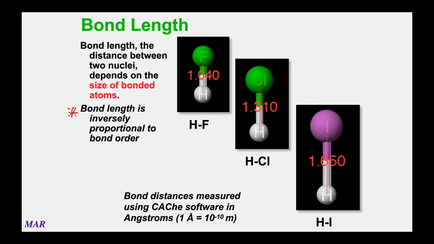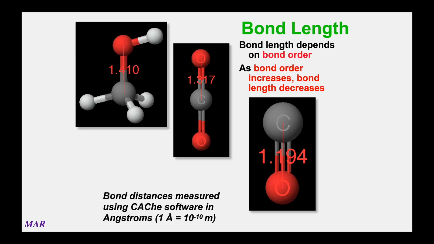So F is the smallest bond length. Chlorine's in between, 1.310. Oh, and by the way, these are angstroms. An angstrom is 10 to the minus 10 meters, so pretty small lengths, okay? But HCl is longer than HF, and HI is even longer yet. As bond order goes up, your bond length goes down. That's what it said on the last screen.